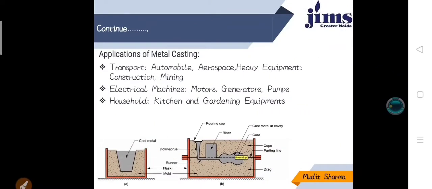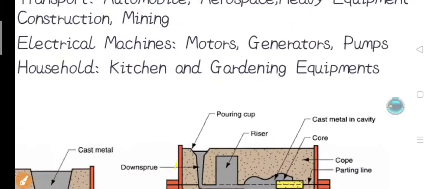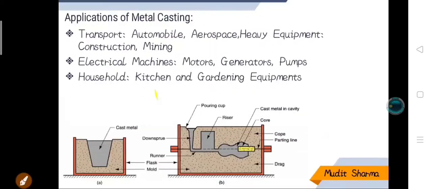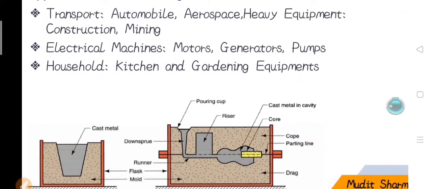These are some common applications which I already discussed with you. Now I am going to discuss this diagram. In this diagram you can see some terms: the pouring cup, from which the molten metal is poured, and the riser, into which molten metal flows. When the casting is filled by the molten metal, it will indicate to us.